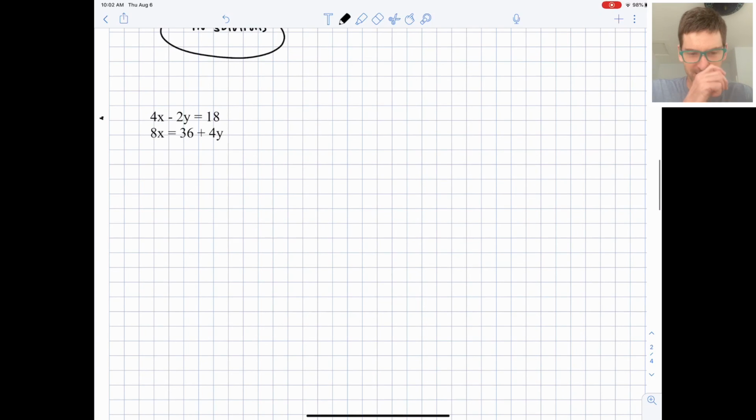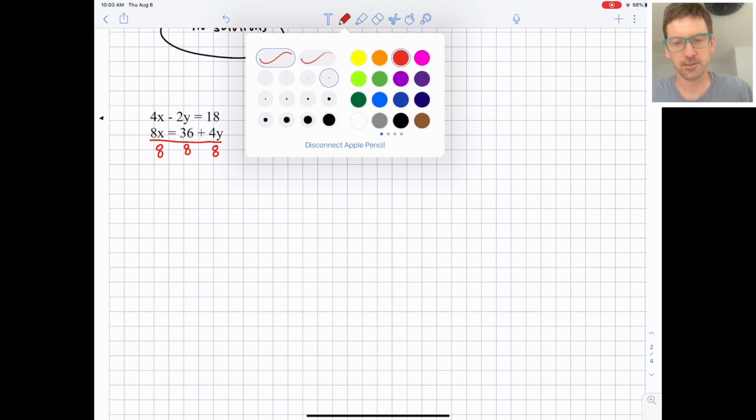And then lastly here, let's go ahead and solve this one, another bit of a curiosity. I'm going to take my second equation, let's isolate for x by dividing everything through by 8. Okay, and what does that turn into?